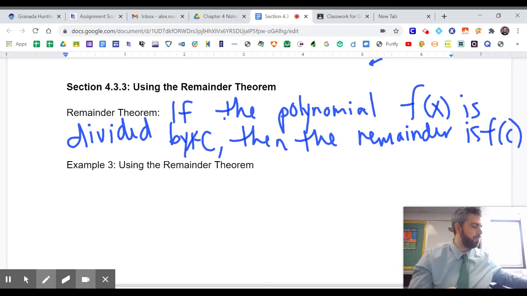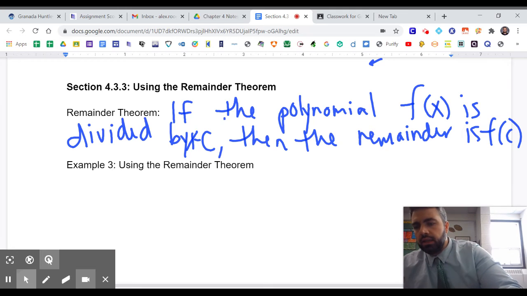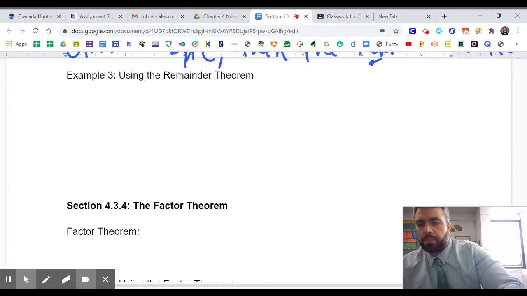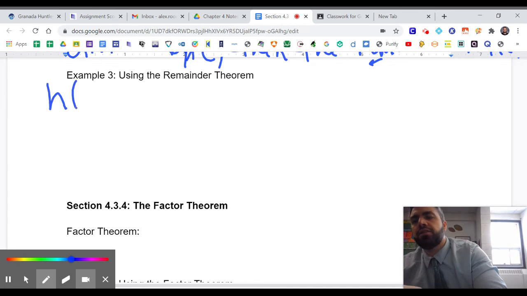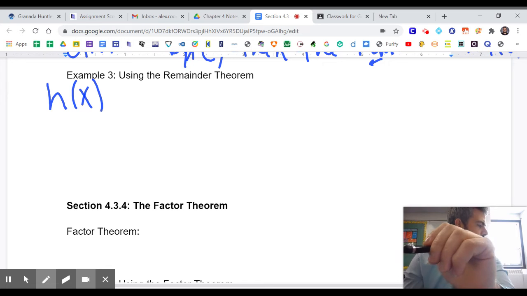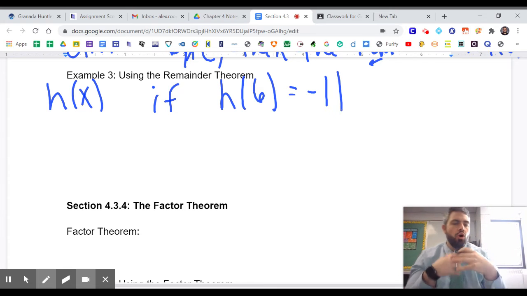Let's actually look at a problem and figure out what it is. I have some function h of x, and I want to know if h of 6 equals -11. What do I know about this?